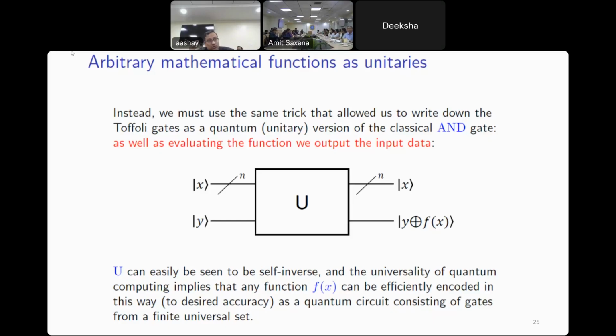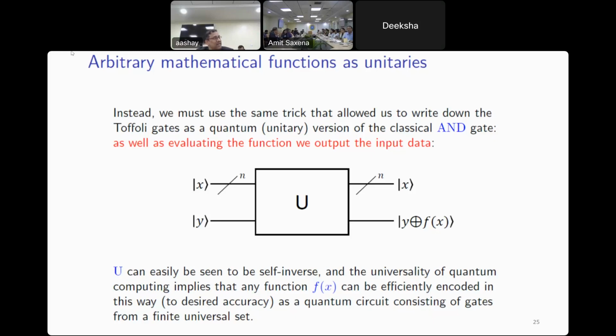So the value of the control qubit and the value of your target qubit are accepted, and accordingly it does an operation which is Y XOR f(x). So basically, you can design these unitary operators using the CNOT and some other gates, to design a function where the output is Y XOR f(x).